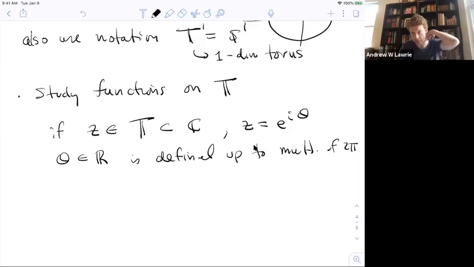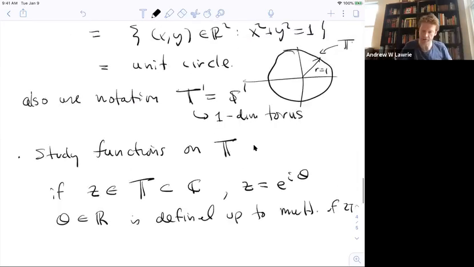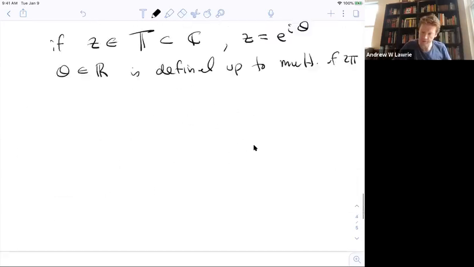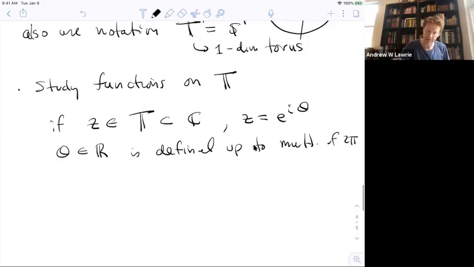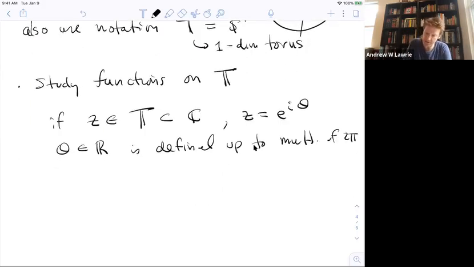If I think of theta as the polar coordinate, then we can identify each point on the unit circle with the angle theta formed with the x-axis. But as we wrap around, we get the same point back again as we add integer multiples of 2 pi to theta. So if we express points in the unit circle by z equals e to the i theta, then theta is defined up to adding multiples of 2 pi.